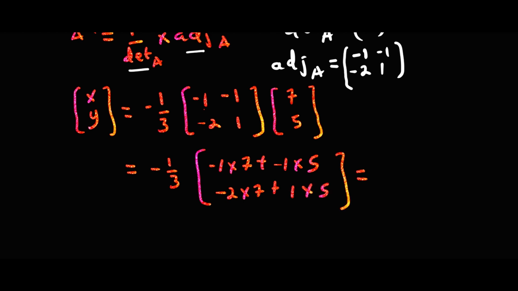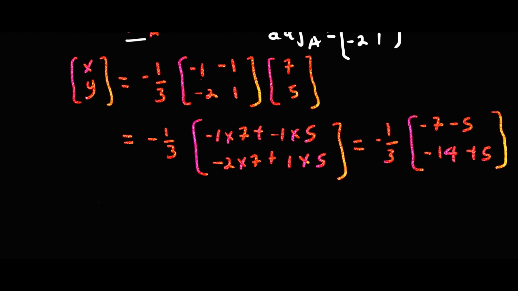So that is the same as negative a third into negative 1 times 7, which is negative 7, minus 5. Then down here we have minus 14 plus 5.